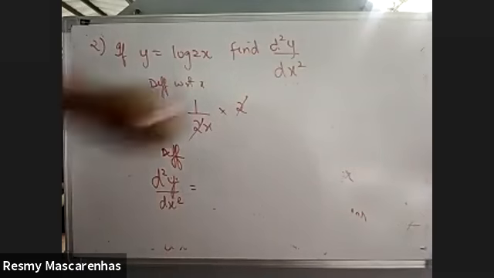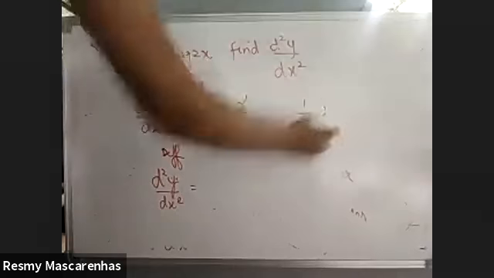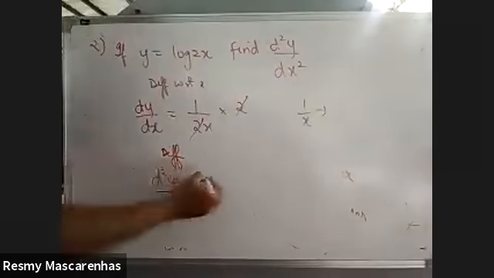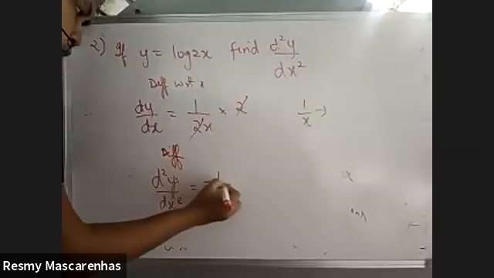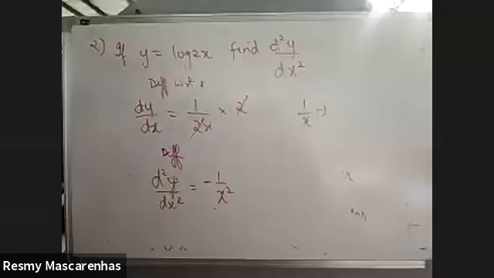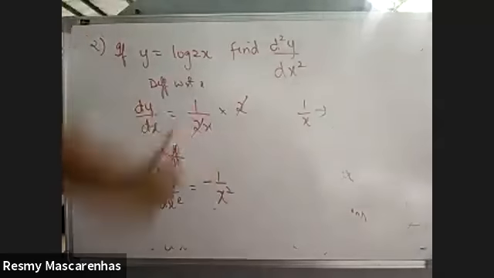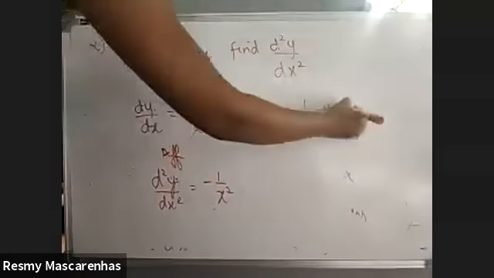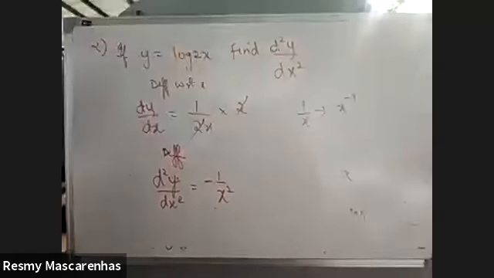So derivative of 1 by x, I've already given in the table, is nothing but minus 1 upon x square. If you forget this formula, still you can solve. 1 by x can be written as x raised to minus 1.